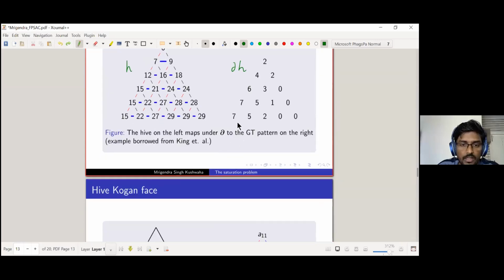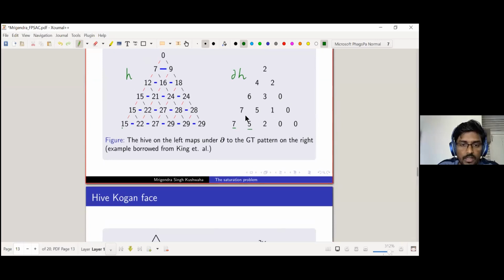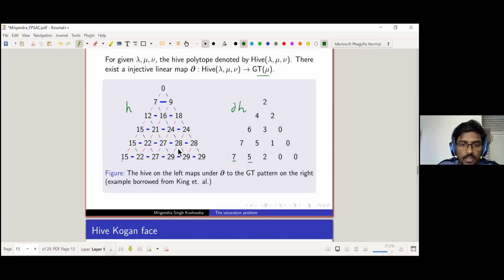You can see the bottom will be mu1, mu2, because this one is mod lambda and this one is mu1 plus mod lambda. You subtract, you get mu1, and this is mu2, like that. And the northeast inequality and southeast inequality are satisfied because of the northeast rhombus inequality and southeast rhombus inequality. So indeed this delta H will be a GT pattern of shape mu.